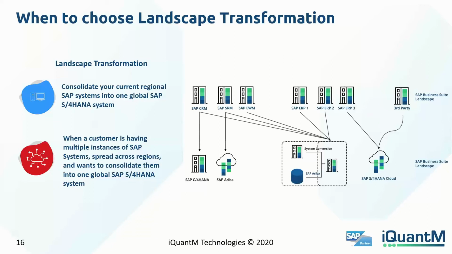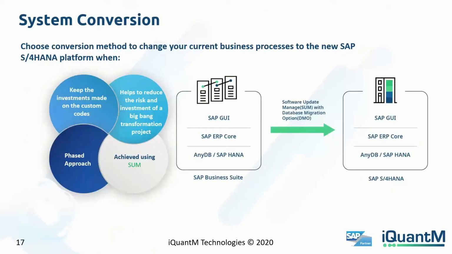So moving on, as I explained, we wanted to do a deep dive on the system conversion approach. There are certain prerequisites that the existing SAP customers have to meet for them to get converted onto SAP S4HANA. And then SAP has given its inbuilt tool, basically the software update manager, which most of the existing ECC customers are aware of. This is the same tool that we use for any of the EHP upgrade or version upgrades of our current ECC system.